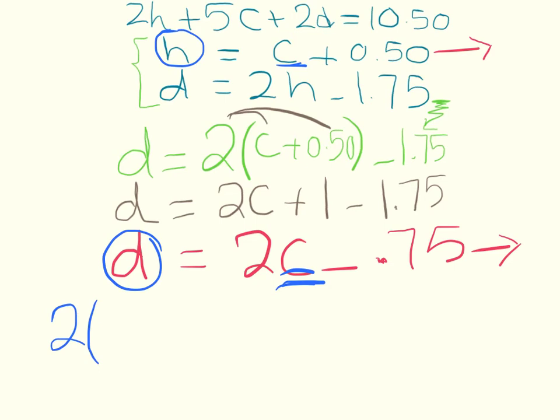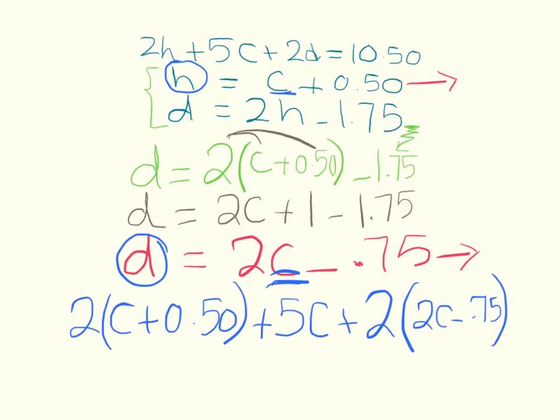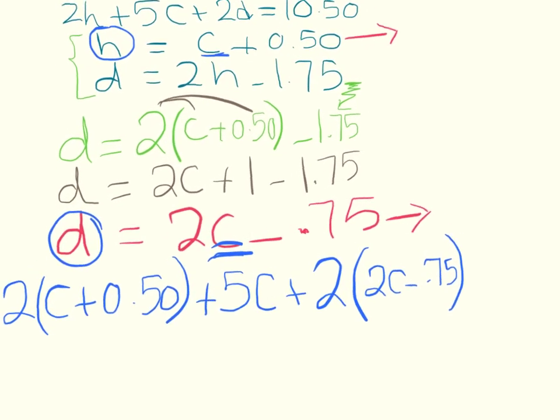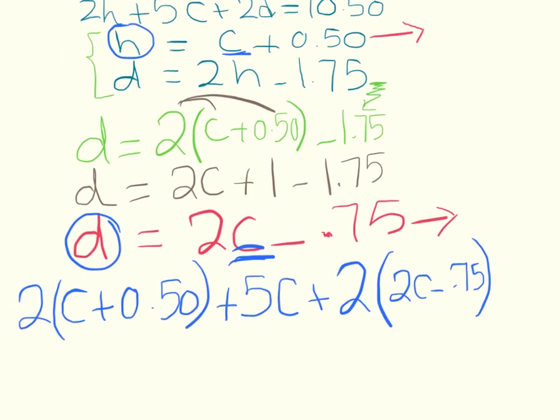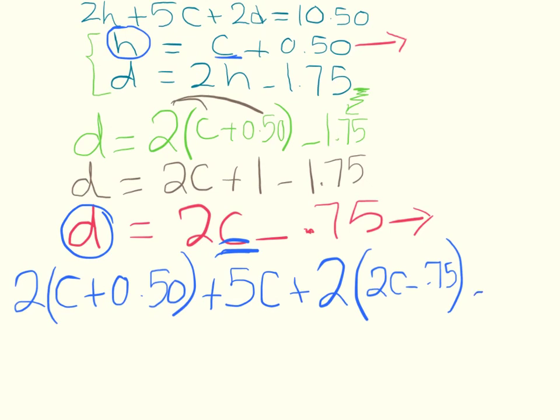So I'll say 2, and instead of h, I will use c as my only variable in this equation, plus 5c, that I won't change, obviously, 2 times, instead of a drink, I'll say 2c minus 0.75, and that whole thing is equal to 1050.